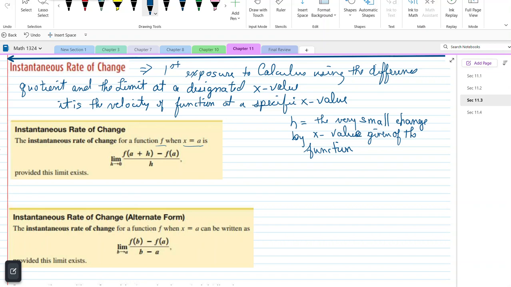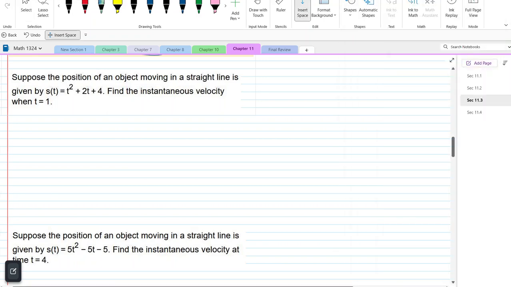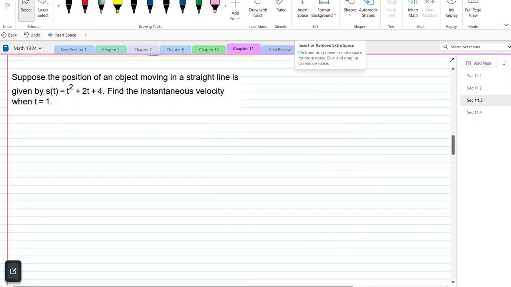Now, the alternate form is f of b minus f of a over b minus a, in the limit, if we had the parameters for what a and b are. But for right now, we're looking at this next example to explain what is going on.